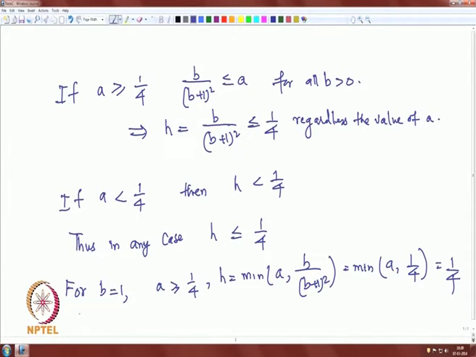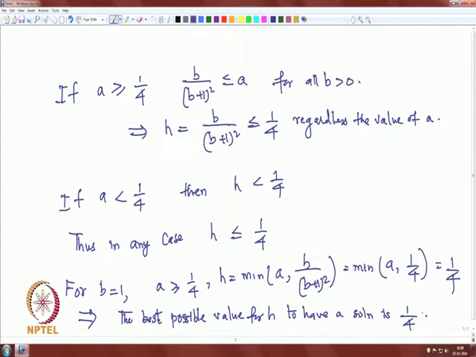So, thus this tells us the best possible value of h to have a solution is 1 by 4.